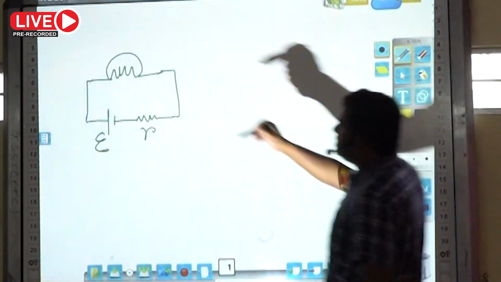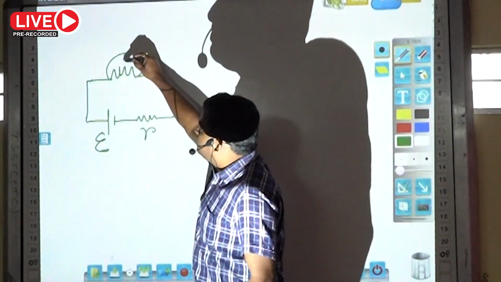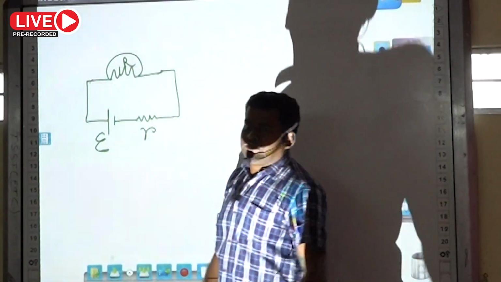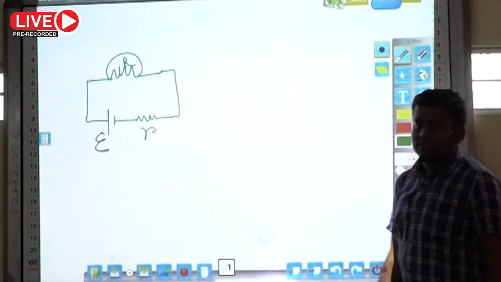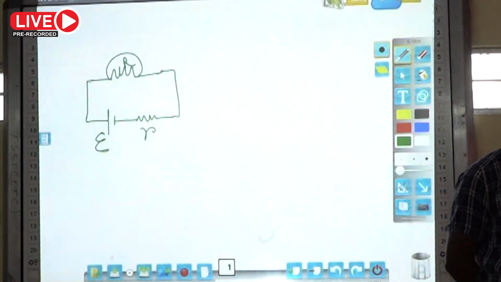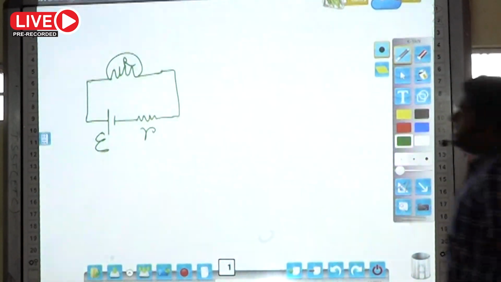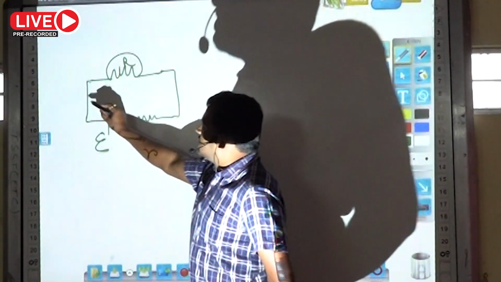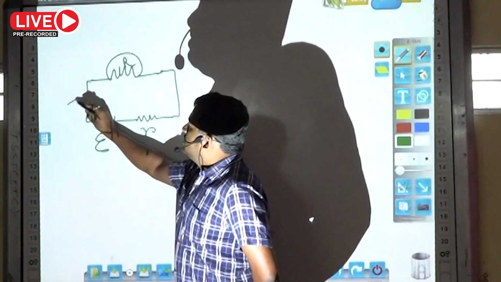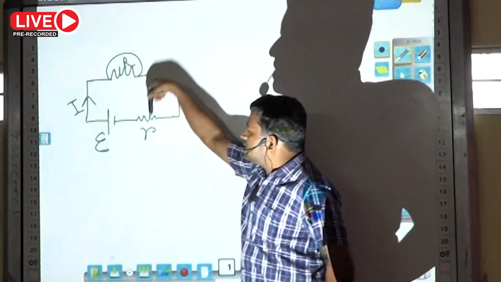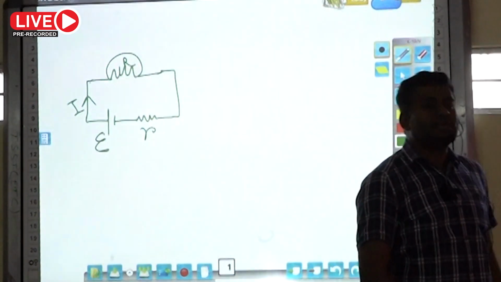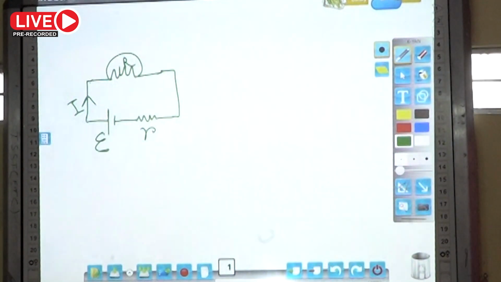Now consider this external resistance, suppose the filament of a bulb, as capital R, and the internal resistance as small r. If current I flows in this circuit, then capital R and small r are connected in series because the same current flows through each of them.